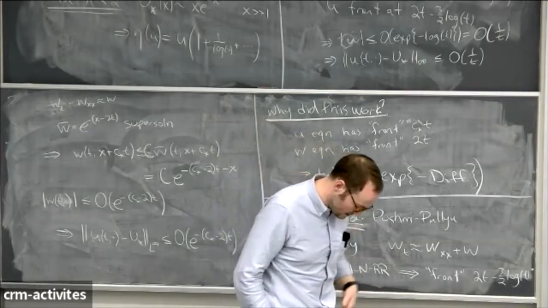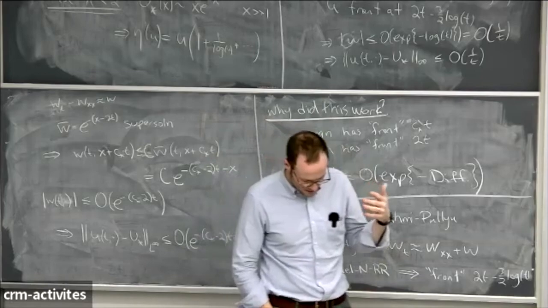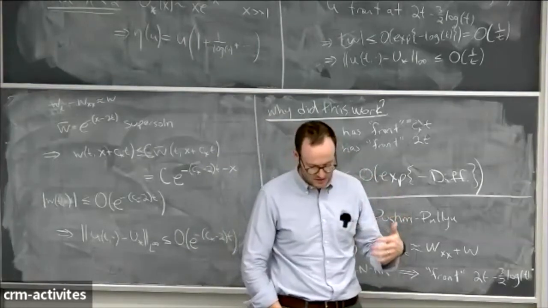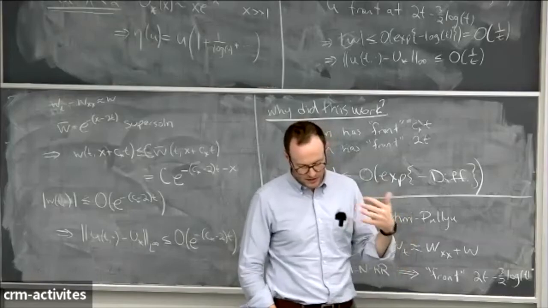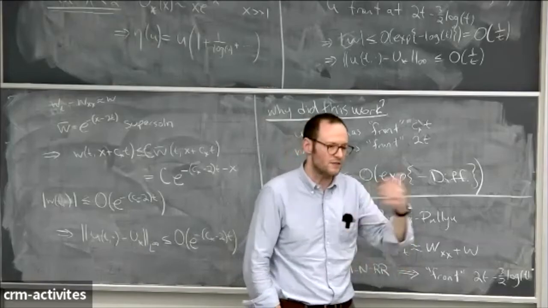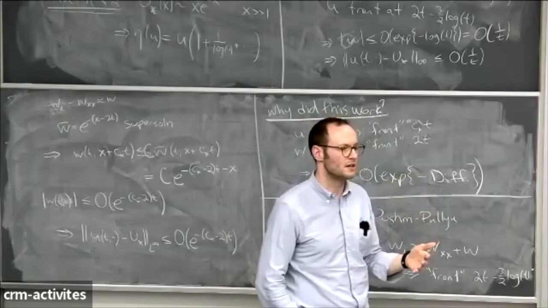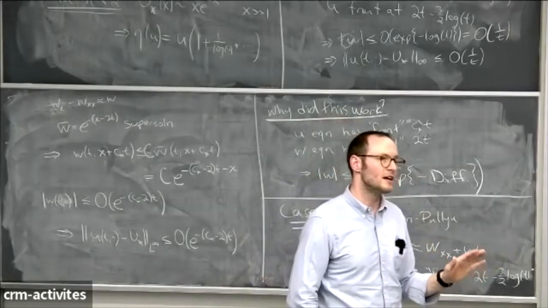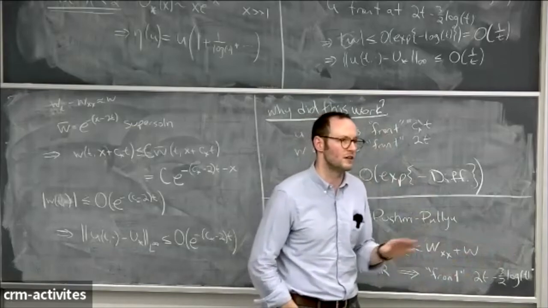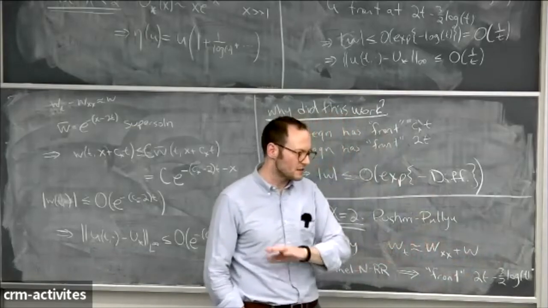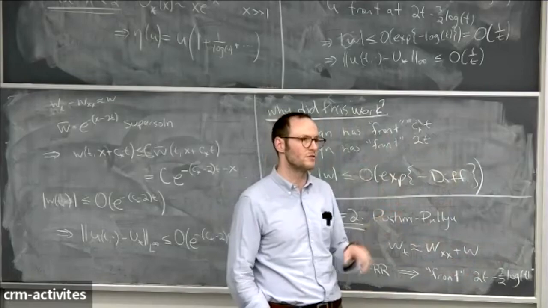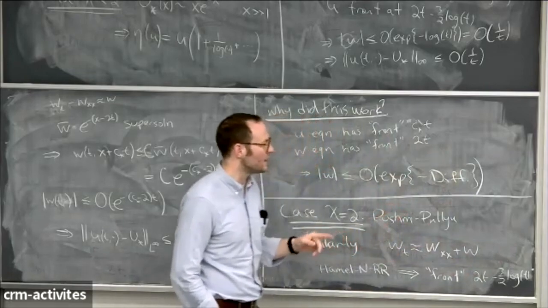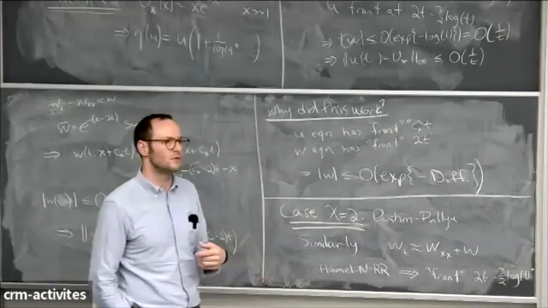In the proofs that Lenya talked about, it's really important to understand the shape of the traveling wave, so you can make some transformations to little u, so that you get a PDE for which you can prove convergence. Here I'm not doing any of that at all. I'm saying, suppose someone else has done the hard work to figure out where the front is, not to a crazy high order, but just the first two terms at most. And then how do you use that information to get convergence?